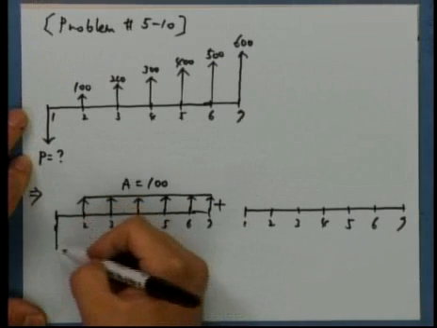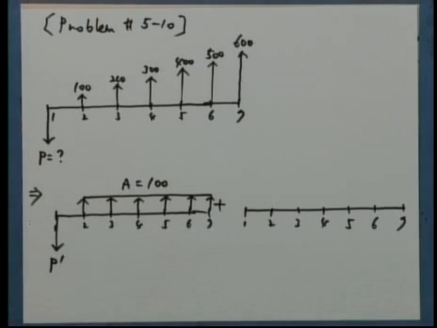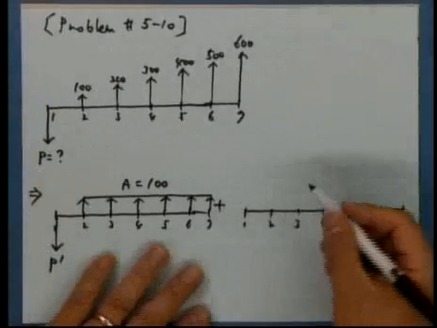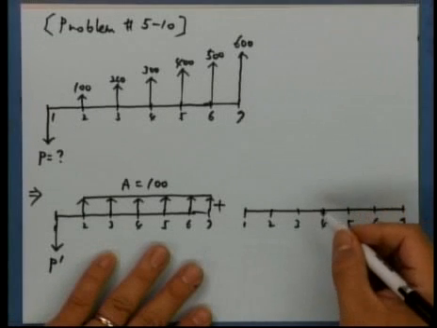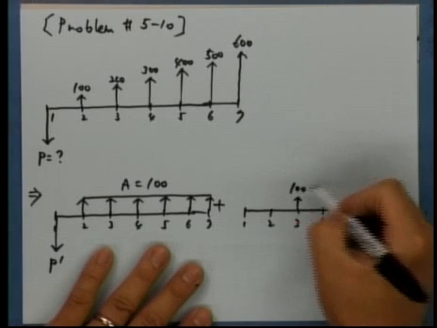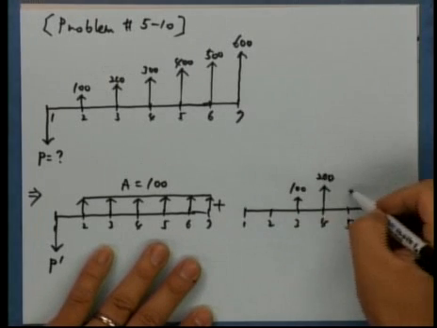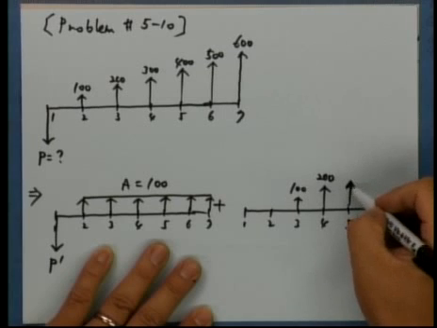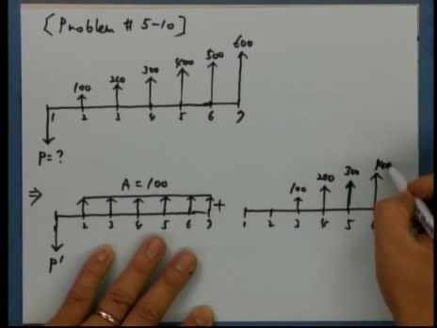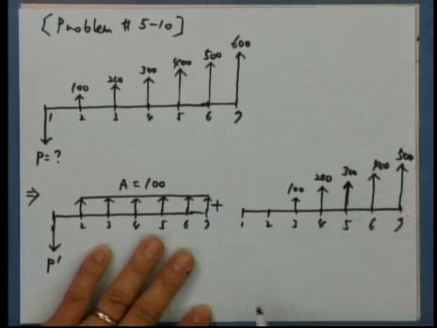And let's set the present sum equal to P prime at the end of period 1. And for the arithmetic gradient series, here you have 100 at the end of period 3, and then 200 at the end of period 4, and 300, 400, and then 500, right?